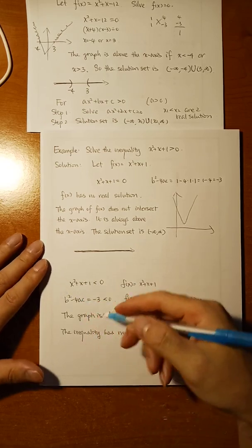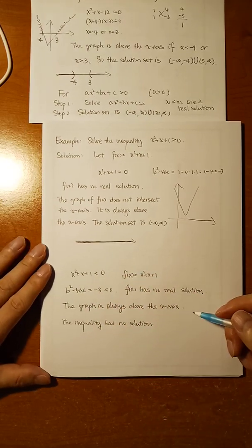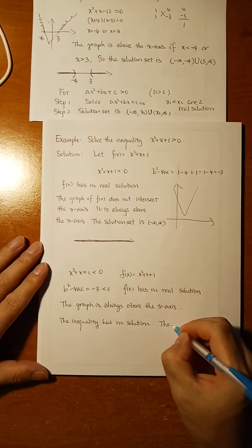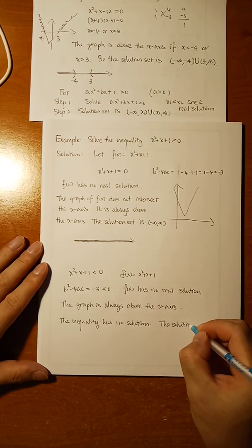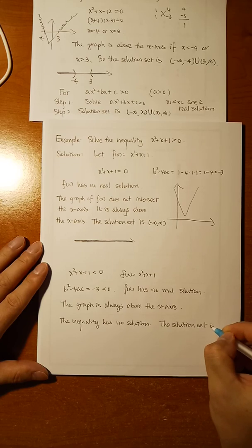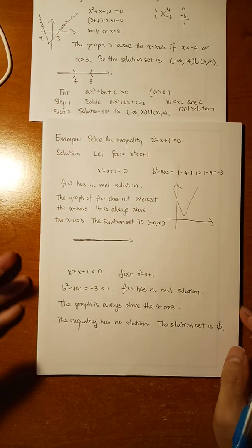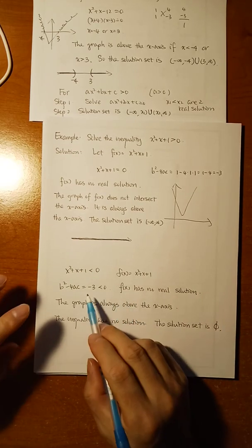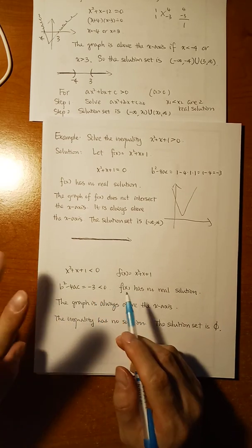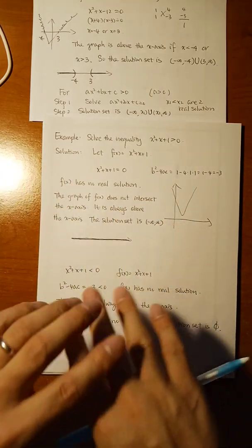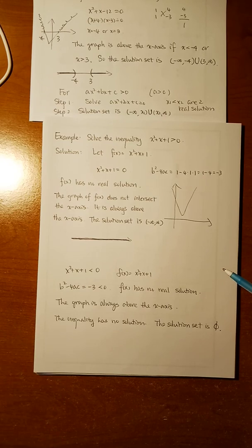It's impossible to make this quadratic polynomial negative. So the solution set is the empty set. For the discriminant less than 0: greater than 0, everything; less than 0, nothing. Okay? So that's the case.